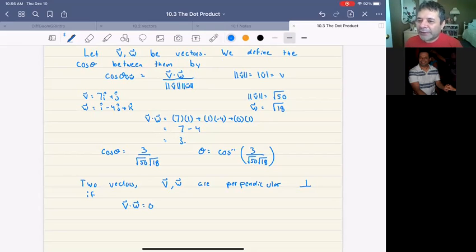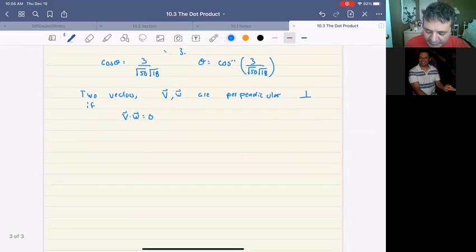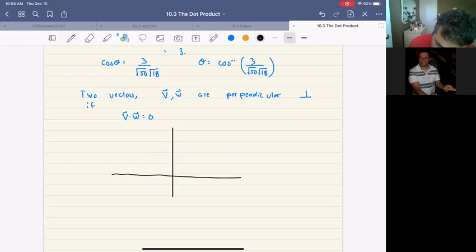Now, if we go back to our original dot products, right? Remember i, j, and k? This sort of just goes right along with it. Let's do it in 2 dimensions. i is this vector, right? j is this vector.